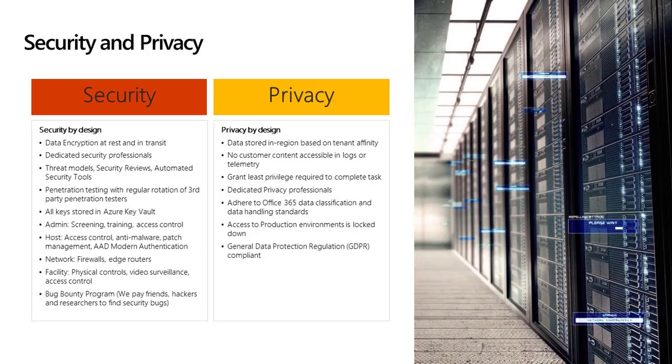We have a regular rotation of third-party penetration testers. You can think of those as white hat hackers who are trying to get into Teams on a regular basis and see if they can get to your data. We do most of this before a feature is shipped to make sure they can't, but we do it overall. And whenever anybody gets in when they shouldn't be able to, we fix that bug.